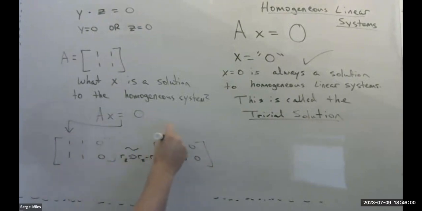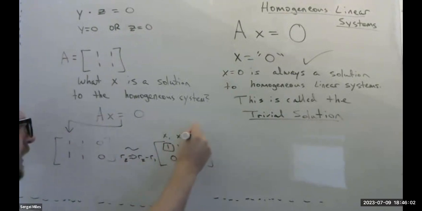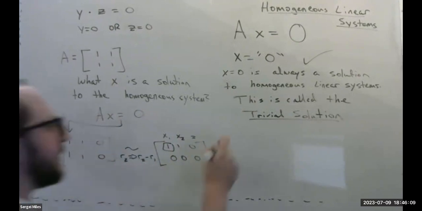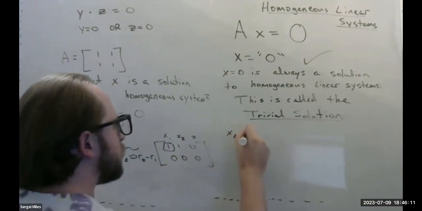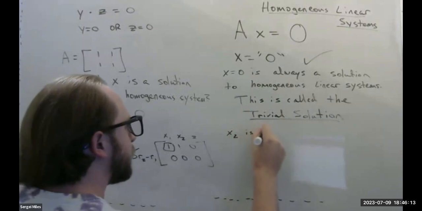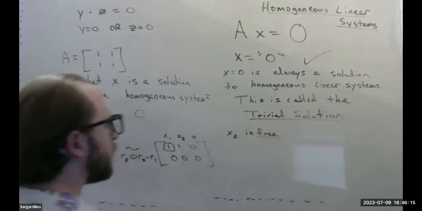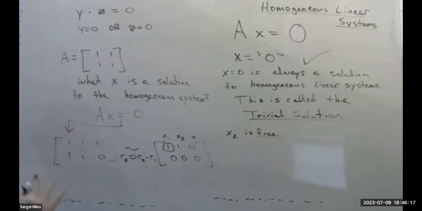Remember, each column corresponds with a variable, except for the equals column, which means for x2, there is no pivot. x2 is free. What does this mean? This means x2 can be whatever we like.